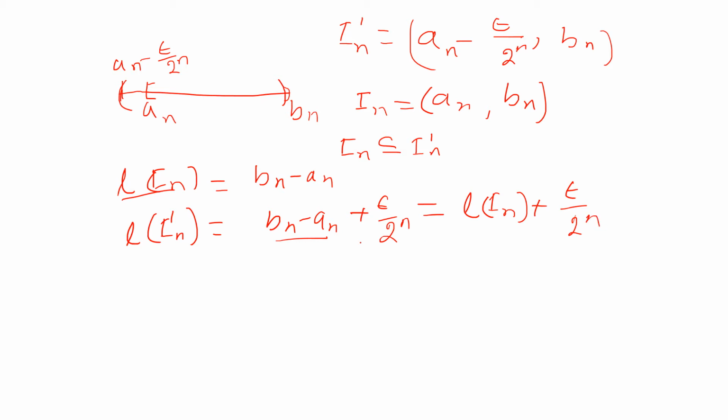So if you put summation on both sides, n going from 1 to infinity, then you put the summation for both terms.